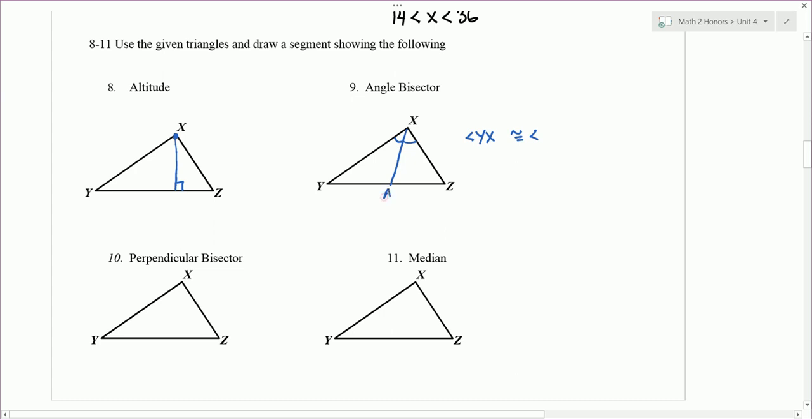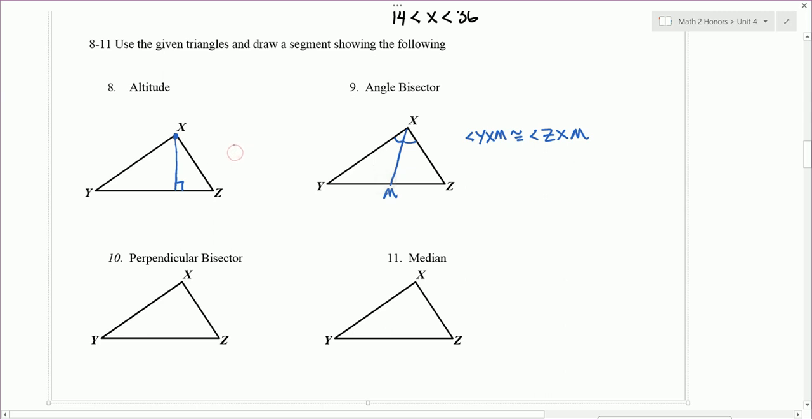Let's put M here. Is congruent to angle ZXM. And that's all we get from the angle bisector. We do not get that M is a midpoint. We do not get that YM and MZ are the same.